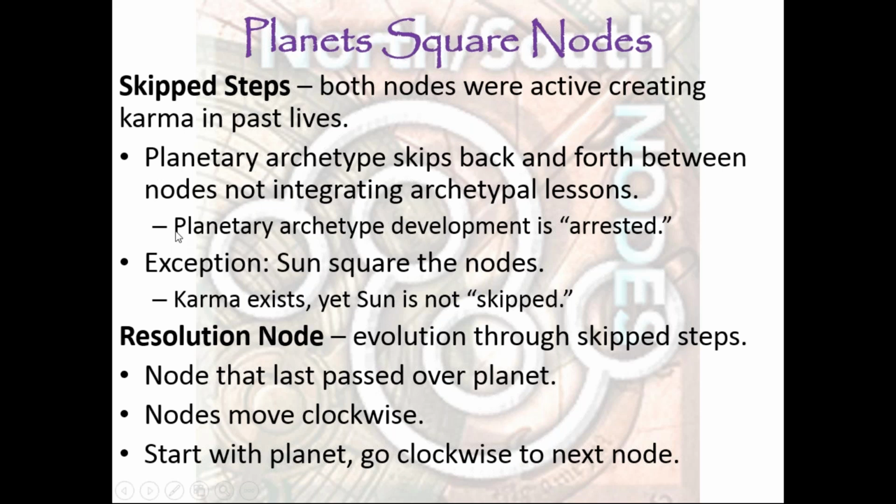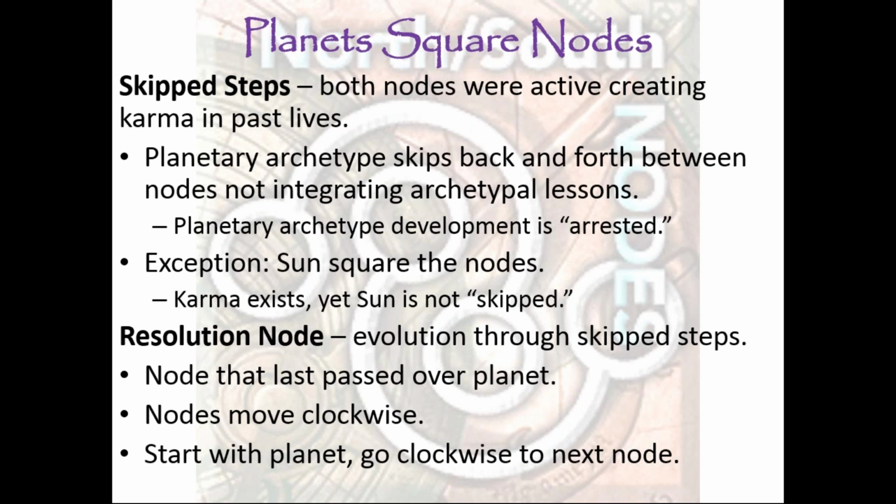In other words, that planetary archetype and its development or evolution is arrested, so to speak. It's stuck. It keeps going back and forth between the two nodes whenever one of those nodes gets emotionally scary or insecure, and it doesn't integrate emotionally how that planet is trying to move forward.